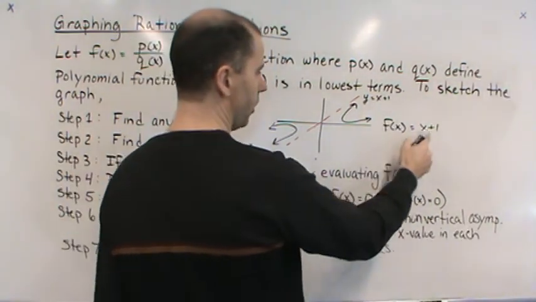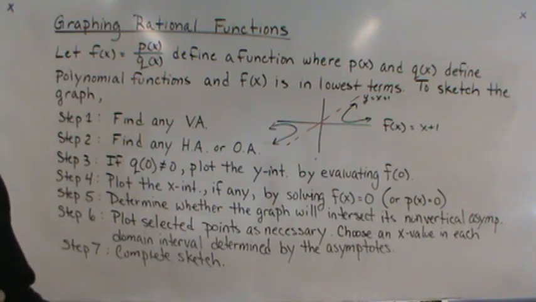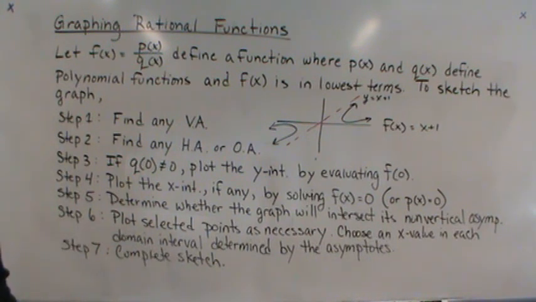Then you solve this for x, and if you are able to get a solution, then it does cross. If you can't solve it, then it doesn't cross. And that's how you would do step number 5.